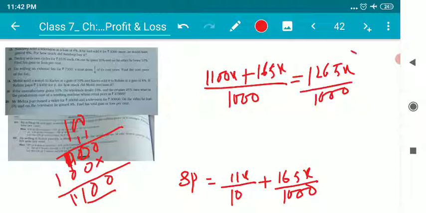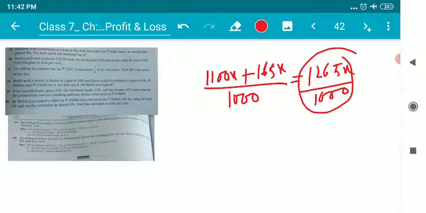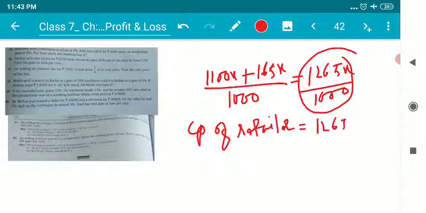This is the selling price from the wholesaler to the retailer. So this is the cost price of the retailer. The cost price CP for the retailer is 1265x by 1000.